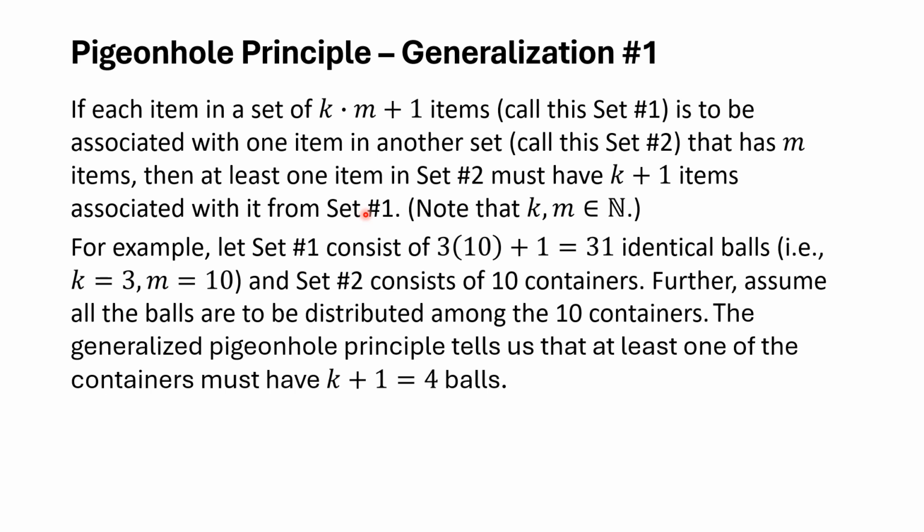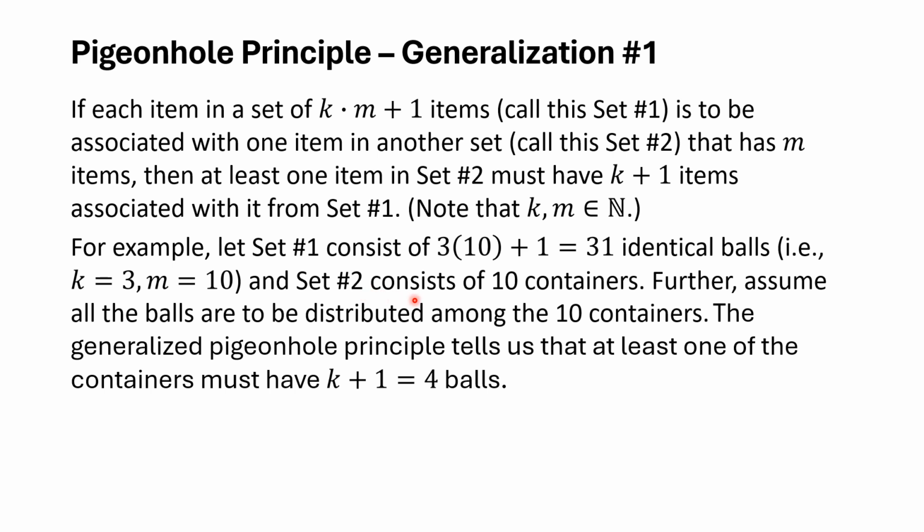Okay, so that's quite a mouthful. Let's see if we can make it a little more concrete with an example. Let set 1 consist of 3 times 10 plus 1, or 31, identical balls, marbles, whatever objects you like, but they're all the same. So our k is 3 and our m is 10 in the theorem here.